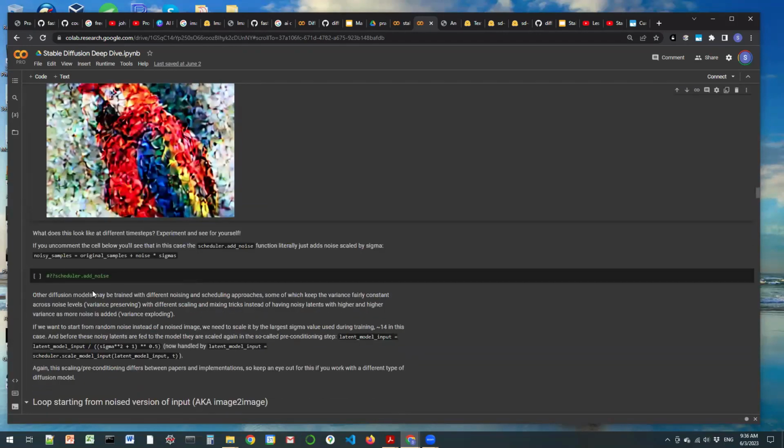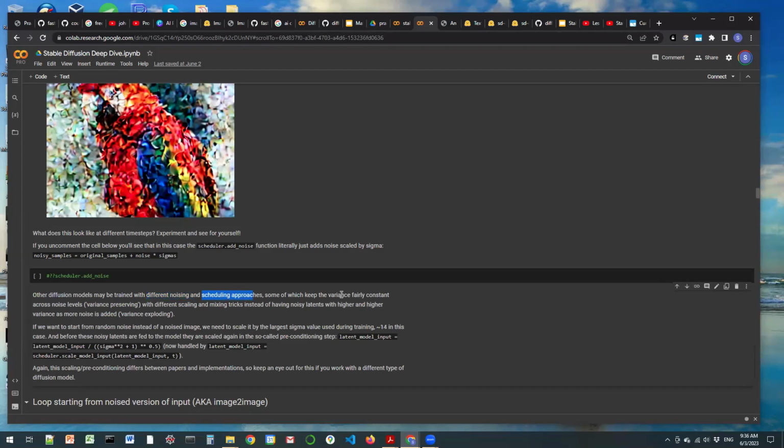Okay, let's keep going in the interest of time, and you can comment out and see the code for how the scheduler adds the noise. So you can see the components that have all been built in, and because this is open source, you get to see the source code for it. And here's the description of how different models may be trained with different noising and different scheduling approaches.